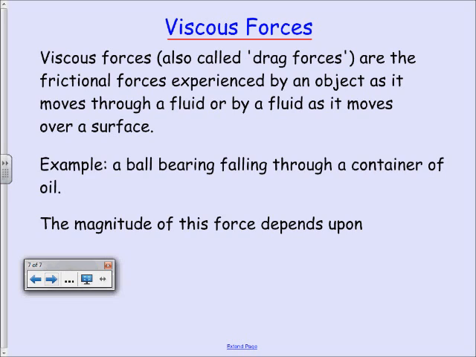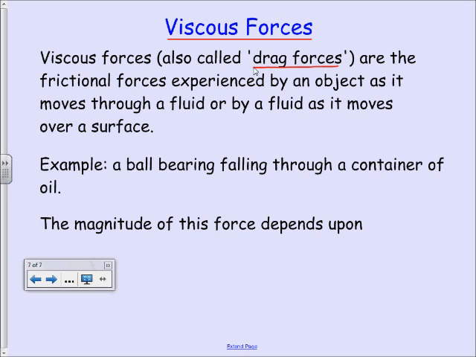Viscous forces are also called drag forces. A classic example of a drag force or a viscous force would be air resistance, or the force that applies when, say, an America's Cup yacht travels through the water. And what are they trying to do now? They've got them up on wings to try and reduce the surface area in contact with the water so that the yachts can travel faster.